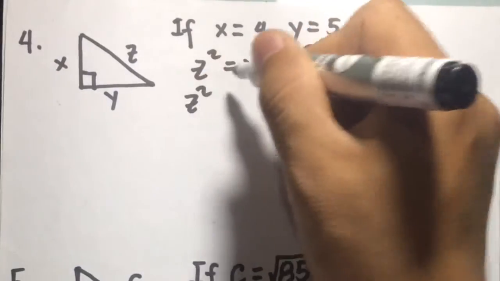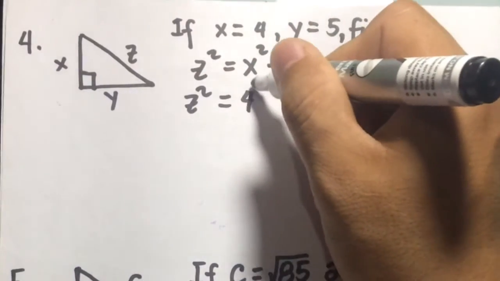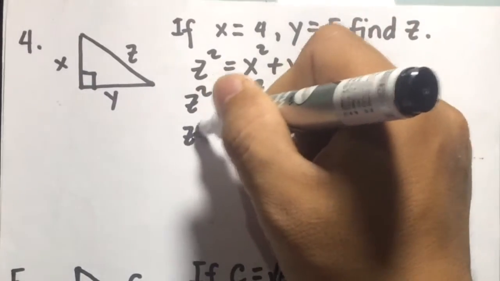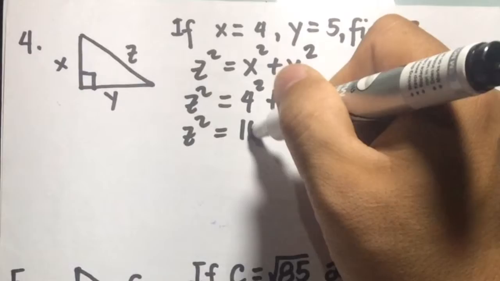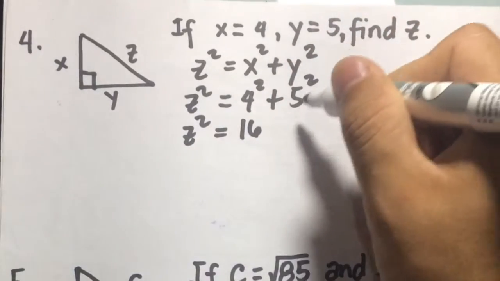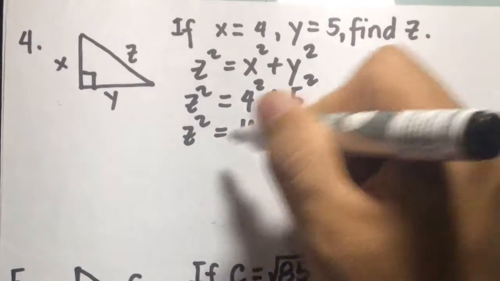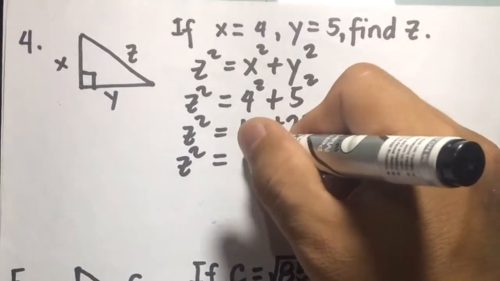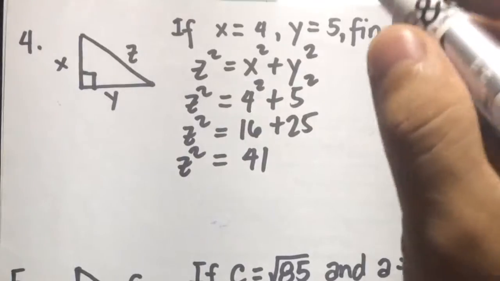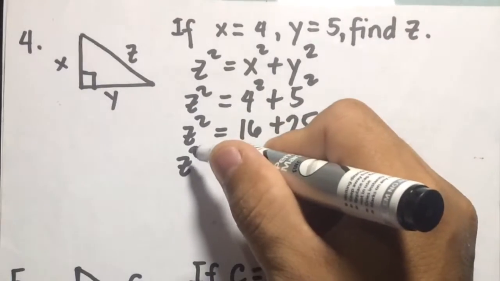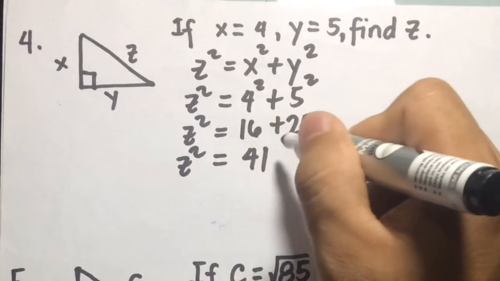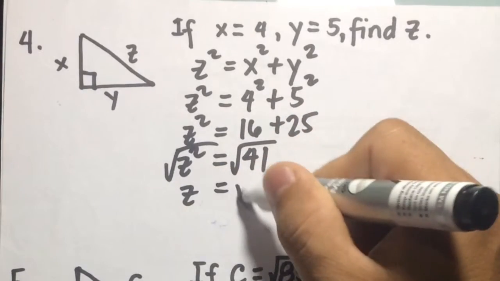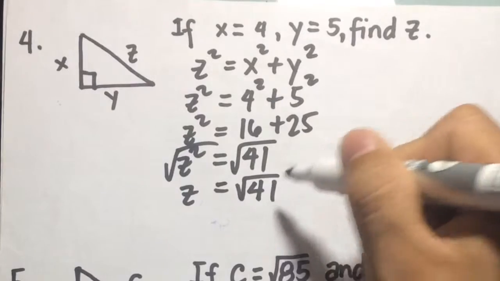Z squared is equal to X, which is 4, so 4 squared, plus Y, 5 squared. So Z squared is equal to 4 squared, which is 16, plus 5 squared, which is 25. So Z squared is equal to 16 plus 25, that will be 41. So Z squared equals 41, so extract the square roots. So Z is equal to the square root of 41.